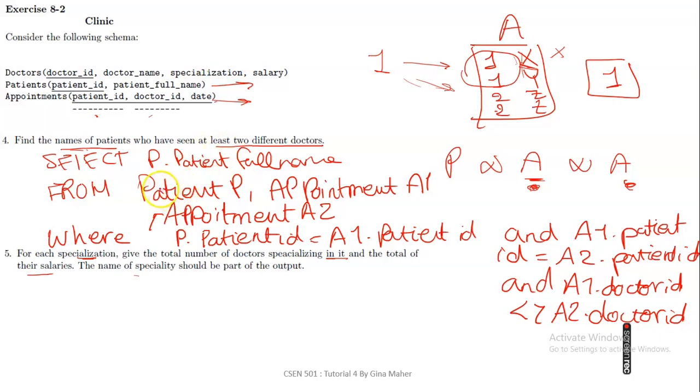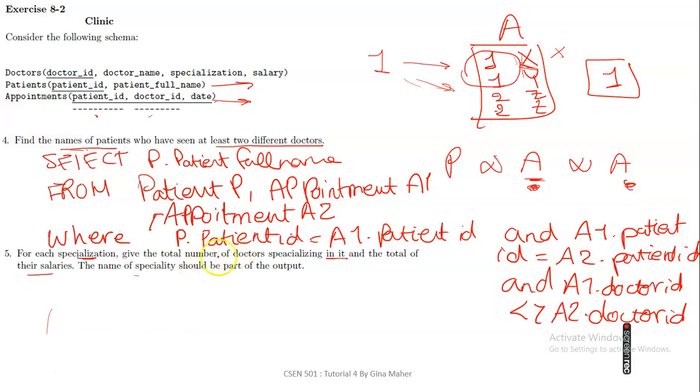This can be done by the aggregate functions, such as count, max, sum, and so on. How can we use these aggregate functions? We can use one of them to get the total number of doctors.